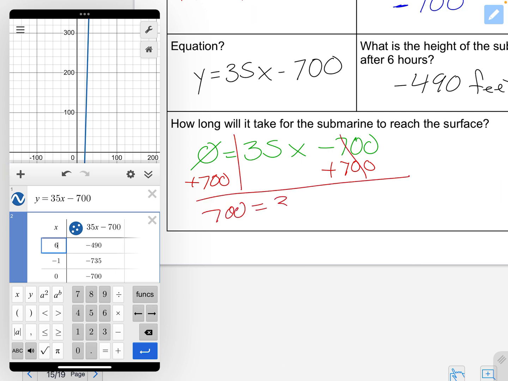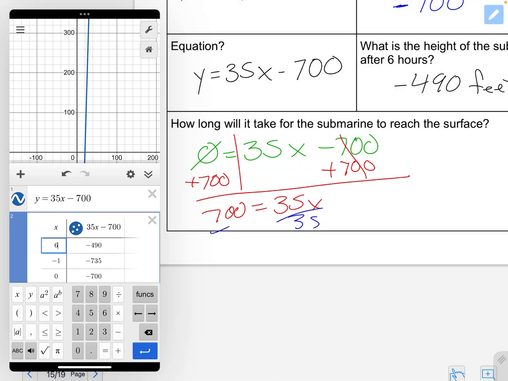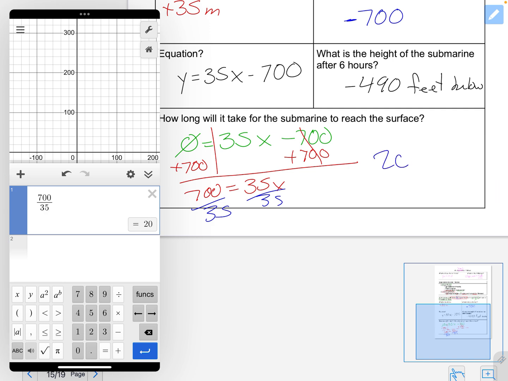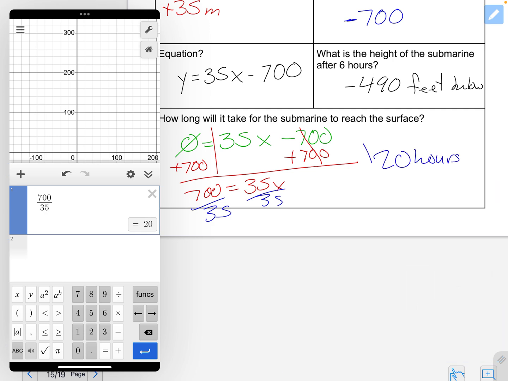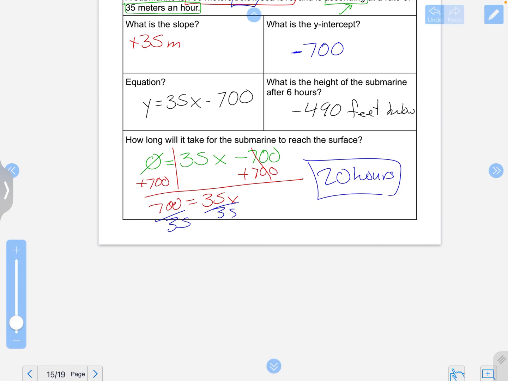So 700 equals 35x. Then we're going to divide by 35, divide by 35. And so it's going to take them 20 hours to reach the surface, or reach 0 meters below sea level.